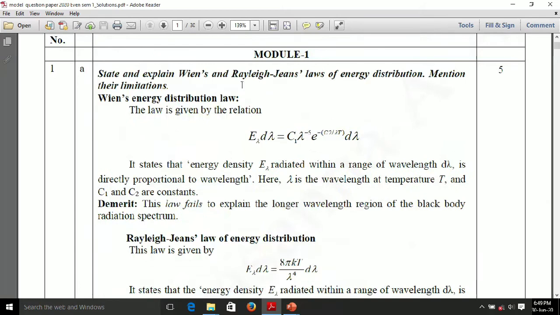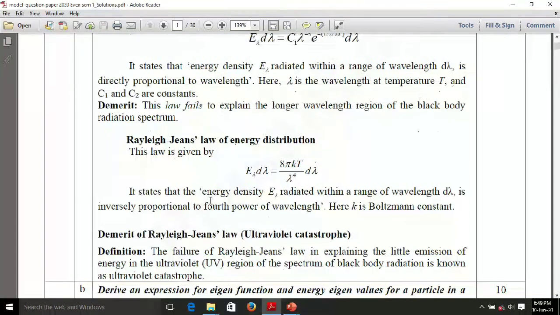And the second part of the question is the Rayleigh-Jeans law of energy distribution. So, Rayleigh-Jeans law is given by this equation, where E lambda is the energy radiated within the wavelength, T is the temperature, and K is the Boltzmann constant here.